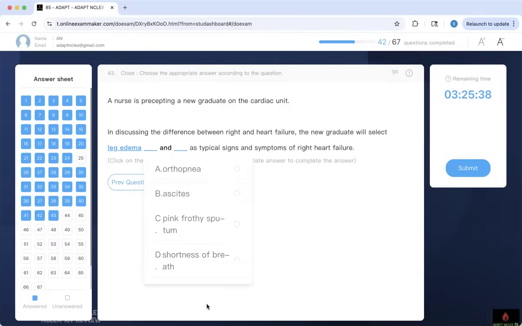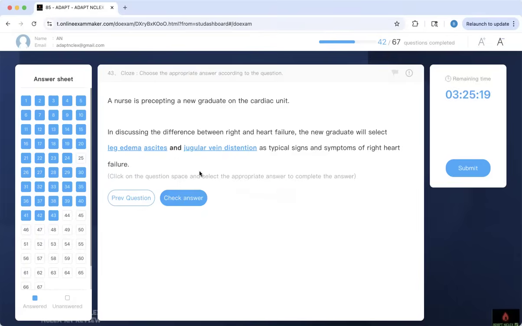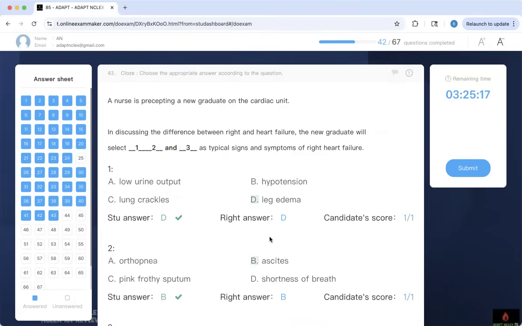I'm taking it. Orthopnea is a lung problem. Ascites is systemic. Pink frothy sputum, lung problem. Shortness of breath, lung problem. I'm picking ascites. JVD, systemic. Wheezing, lung. Cough, lung. Crackles, lung. JVD. This is what is typical of right-sided heart failure.